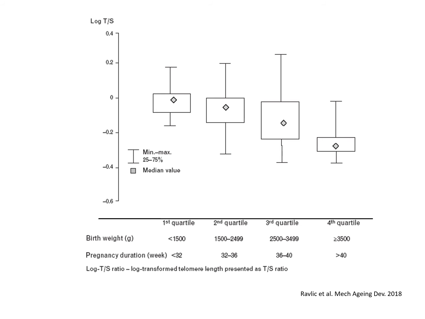As you can see, average telomere length is higher for those who were born earlier than a term, and as they approach the normal birth term, the telomeres on average are shorter.